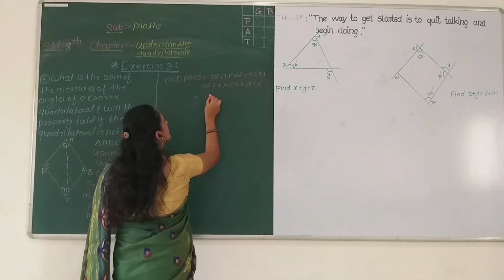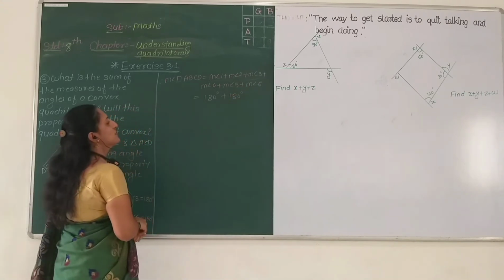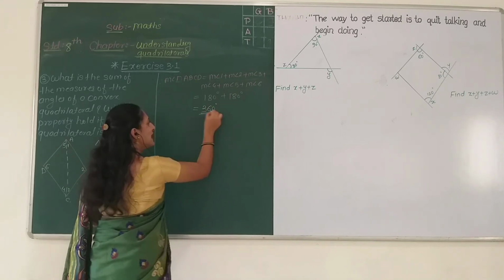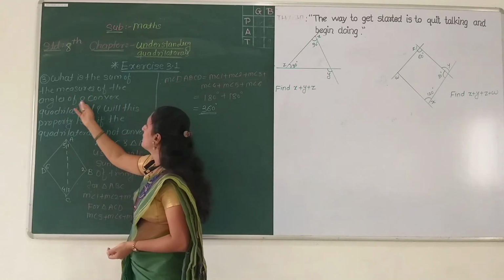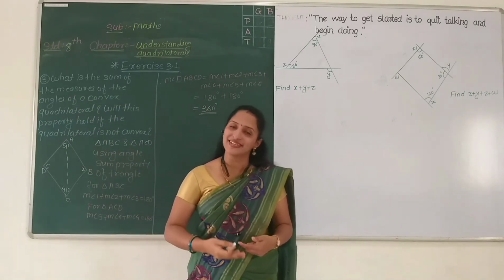For these three, the sum is 180 degrees, and for these three, also the sum is 180 degrees. That means 180 plus 180 is equal to what? 360 degrees, right? That means the sum of the measures of the angles of a convex quadrilateral is 360 degrees.